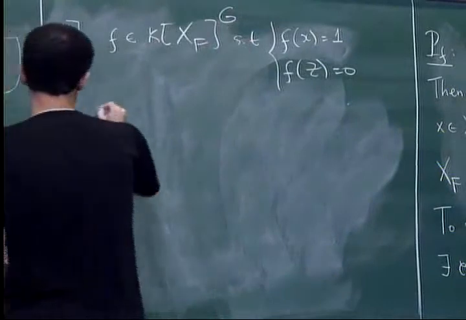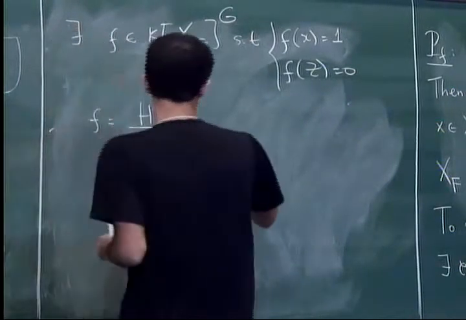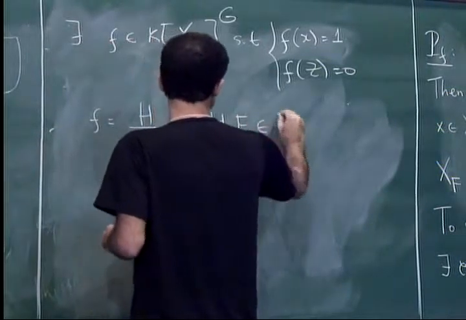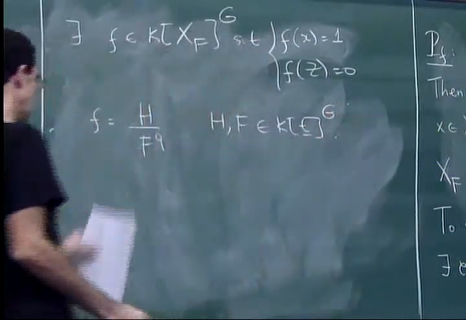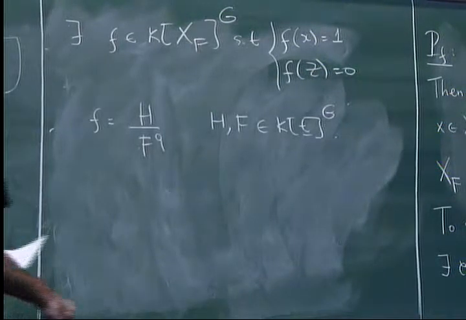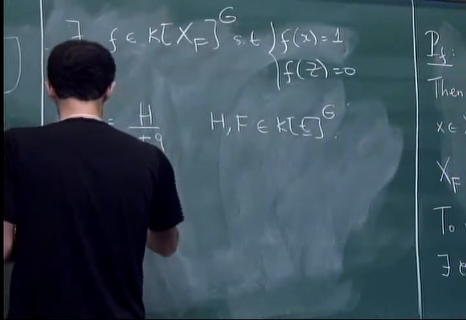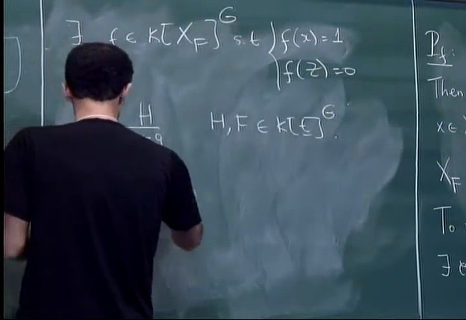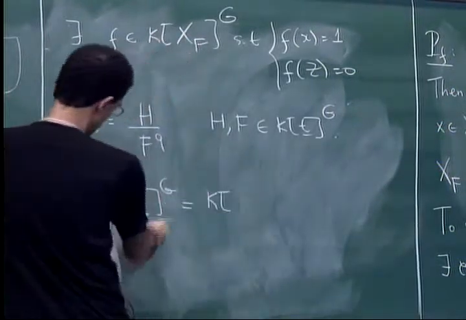Now a function here is something of this form, where h and f are homogeneous. And in fact, since f is homogeneous, you can work a little more and get that the numerator is homogeneous. This is a consequence of something we proved, or the exercise I left you at the end, which is simply the fact that the G-invariant guys here are, so here you have a localization, right?